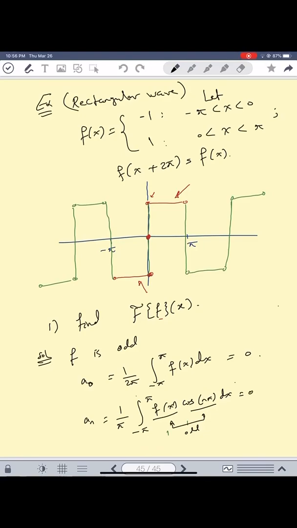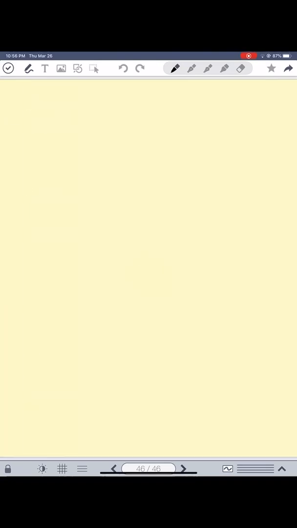Because the integrand is odd, the total integral from negative pi to pi is 0. So basically what's left to compute is just the bn. The bn is 1 over pi integral from minus pi to pi of f of x sine nx dx. Now because f is odd and sine is odd, their product is even.